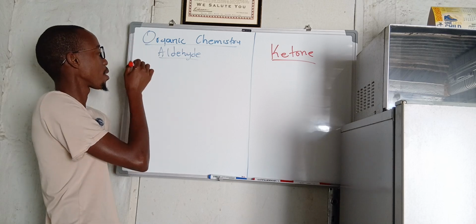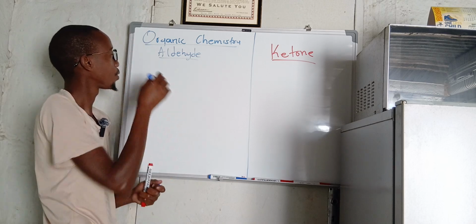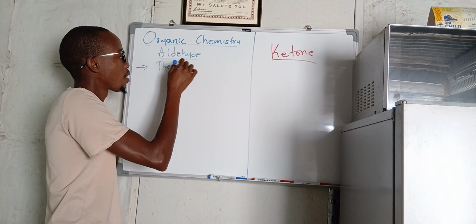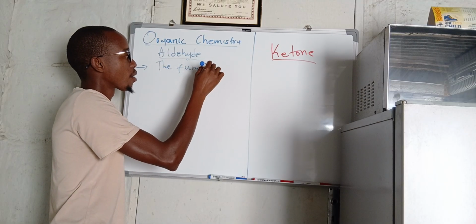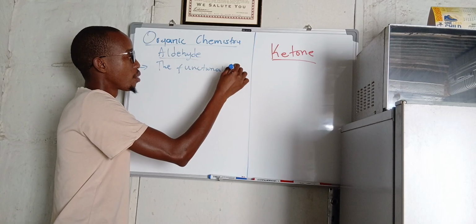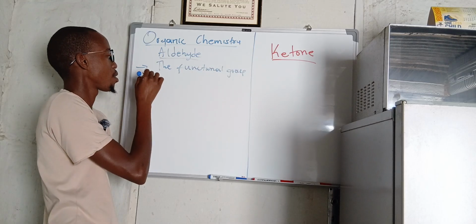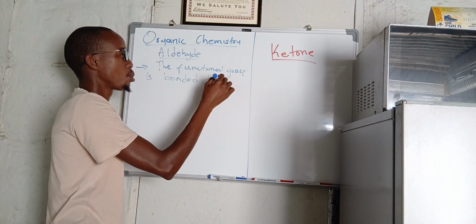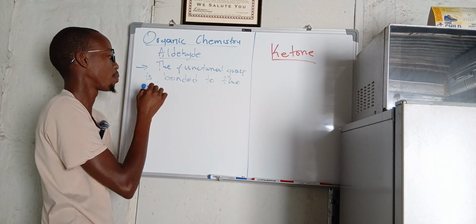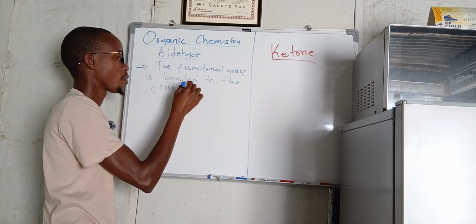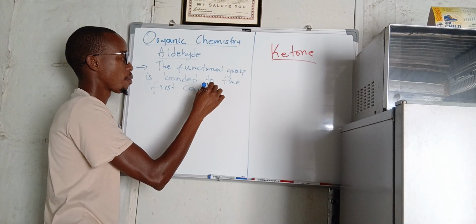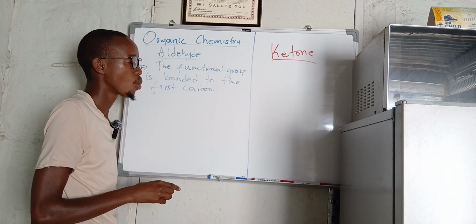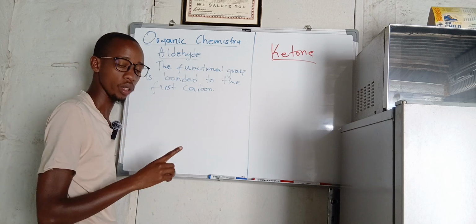Now let's check something. With aldehyde, the functional group is bonded to the first carbon, meaning the C double bond O will be on the first carbon.